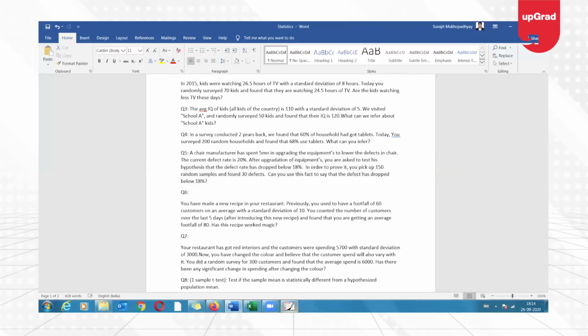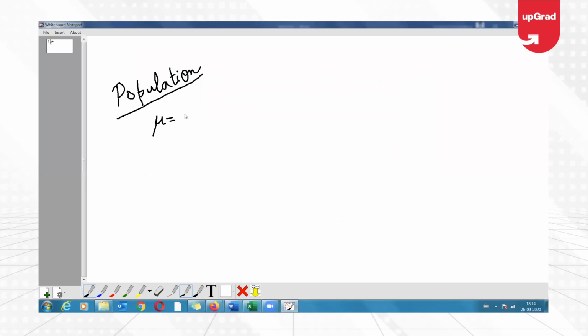So now we assume that the mean is 18%, or 0.18. Let's calculate the standard deviation. Here, by the way, let mu be 18%, right? We do not know whether it is or not.